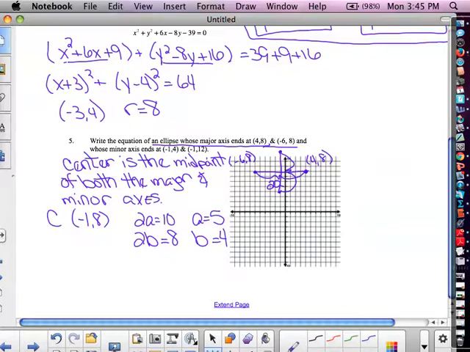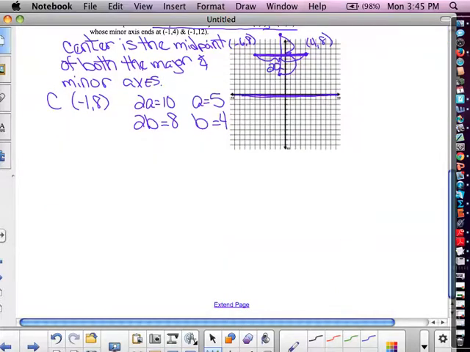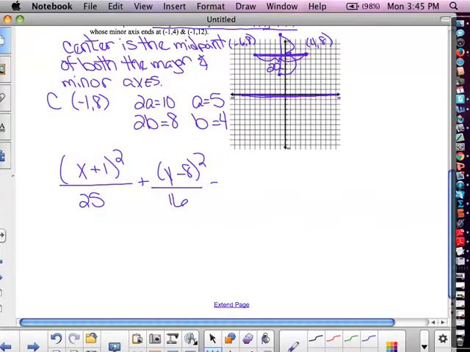So now I have the center, I have the length of the major axis, I have the length of the minor axis, and I can see that the major axis is parallel to the x-axis. So that means the longest length is under the x squared. So the equation for this ellipse would be x plus 1 squared over 25 plus y minus 8 squared over 16 equals 1.